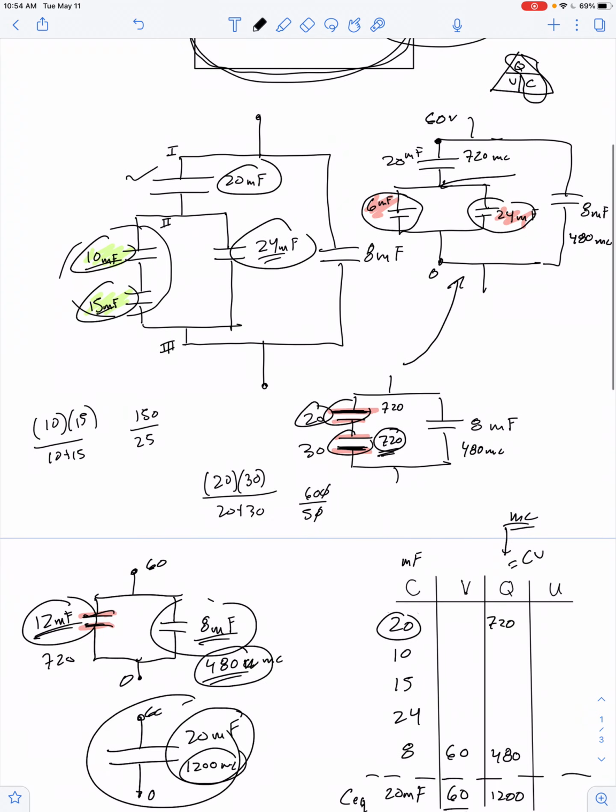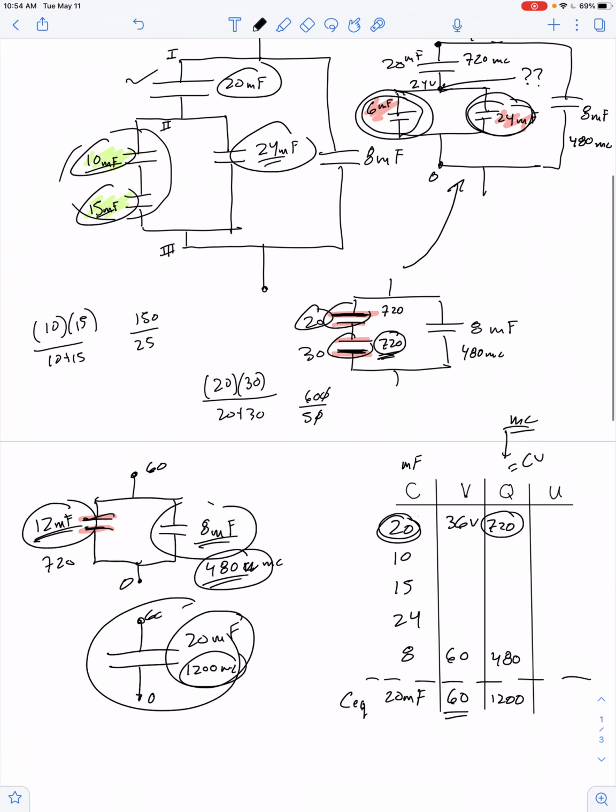So if I divide 720 by 20, that gives me 36 volts. So the potential at this point has to be 36 volts less than 60, which gives us a value of 24 volts. So there's 24 volts across this capacitor, there's 24 volts across this capacitor.